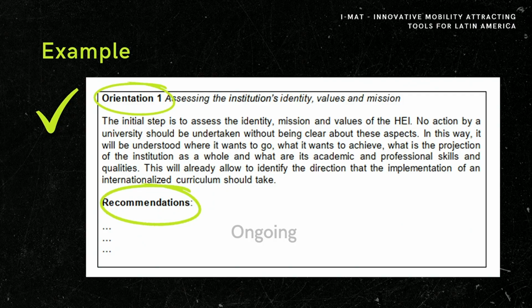For example, here we have assessing the institution identity, values, and mission. So for us to work on internationalization of the curriculum, we need to know about this topic. And then some recommendations about how to achieve this.